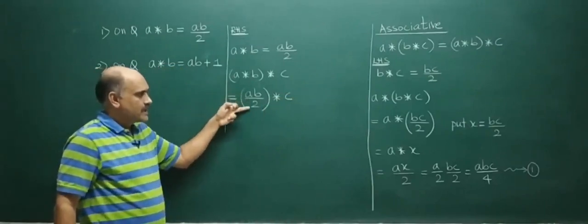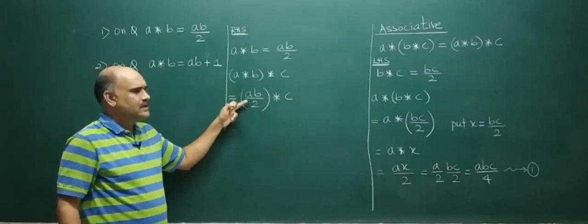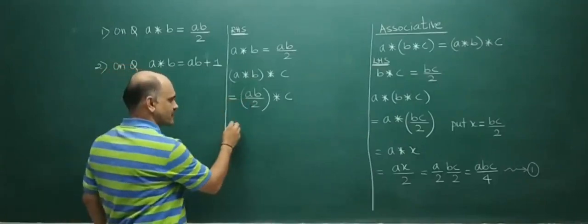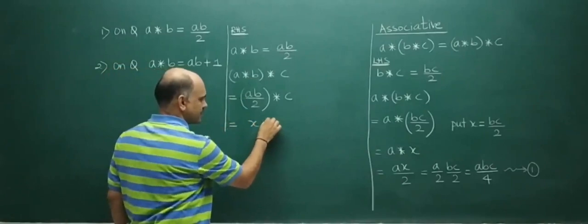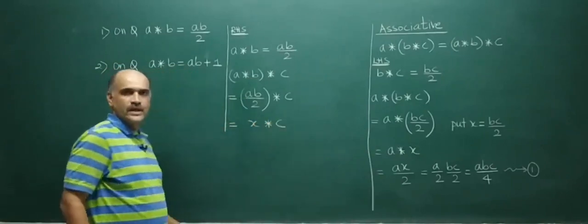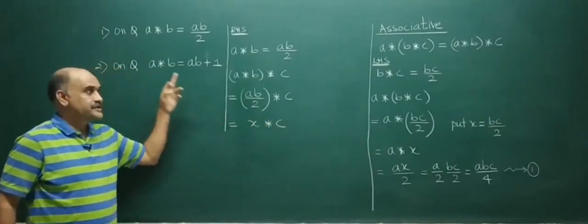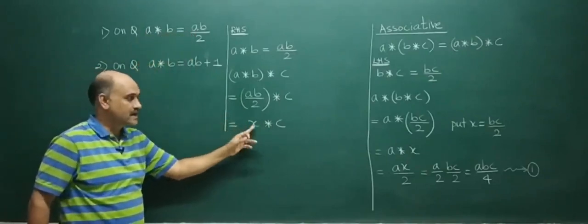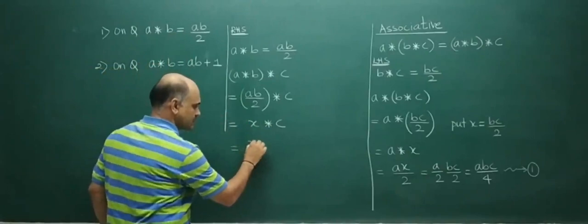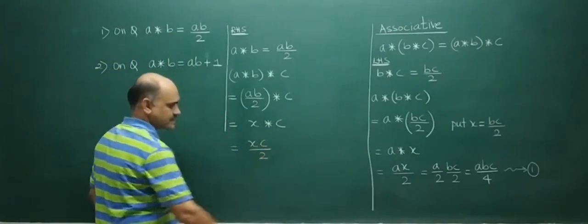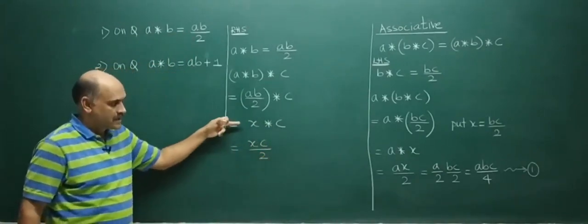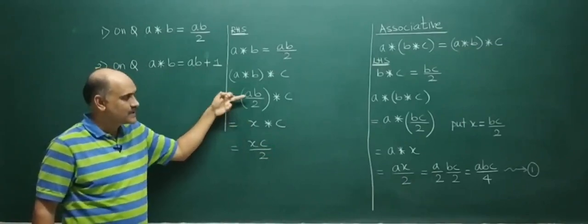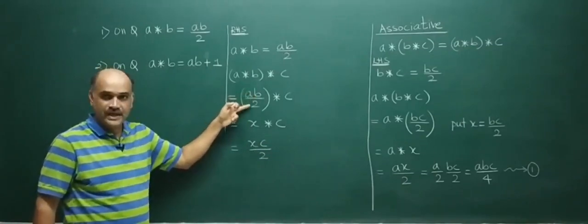Now again, to make it easy, you can take this as x, or you can take it as y. So this is equal to x star C. Now again apply the definition. So x star C is x into C by 2. Now substitute x, x is AB by 2.